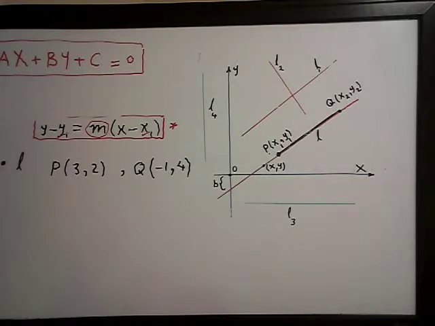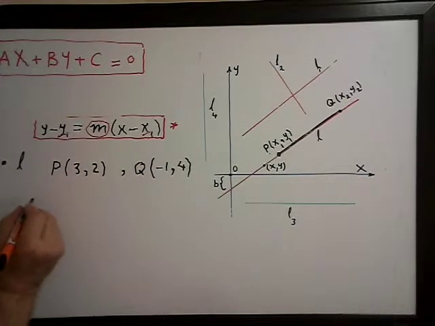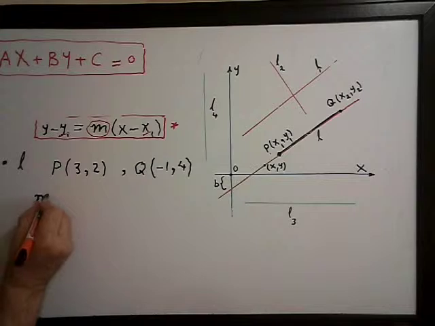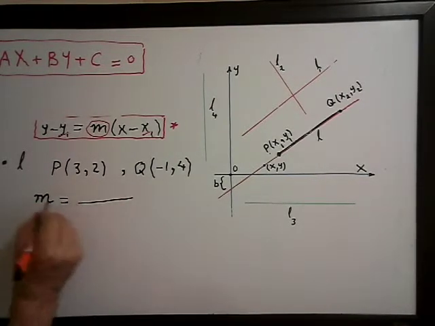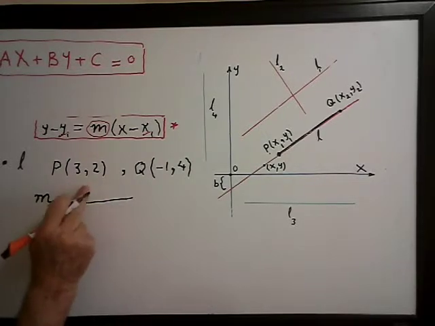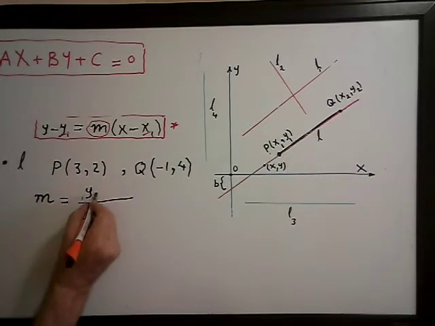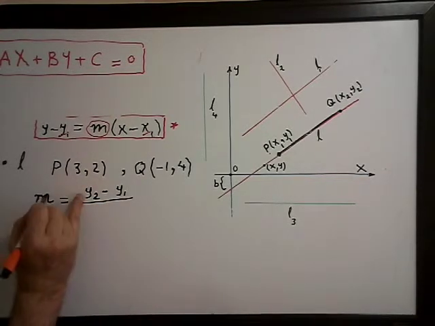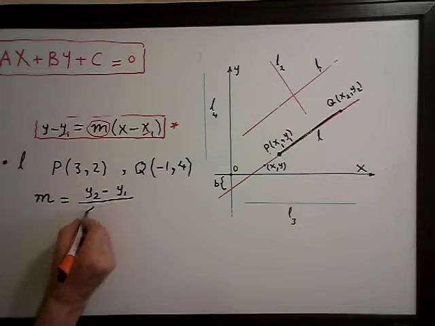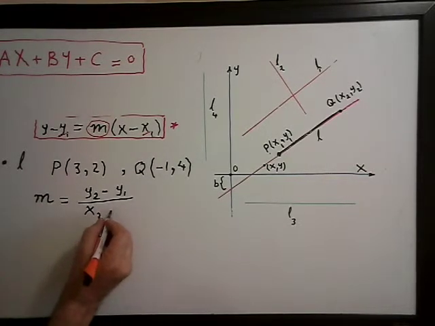What we will do, we start to find out the value of the slope. The slope for this line, we write the rule m is equal to y2 minus y1 over x2 minus x1.